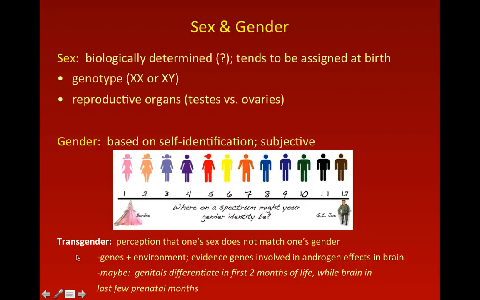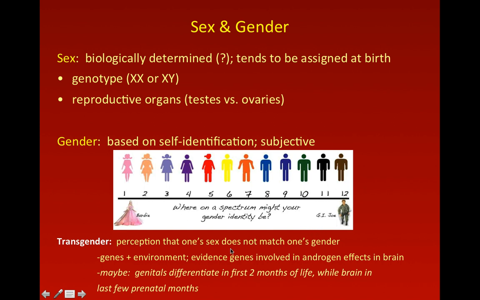And more recently, and your textbook doesn't address this, there's been a lot more awareness of transgender individuals. And identifying as transgender is basically the perception that your biological sex, your body, doesn't match the way that you identify your gender.